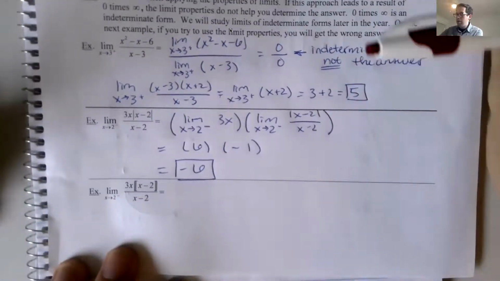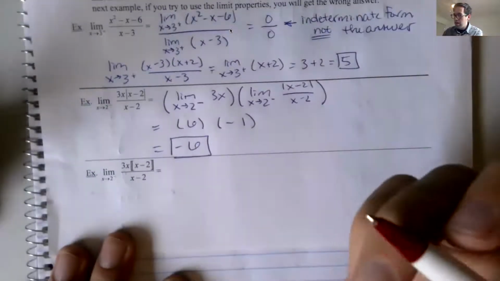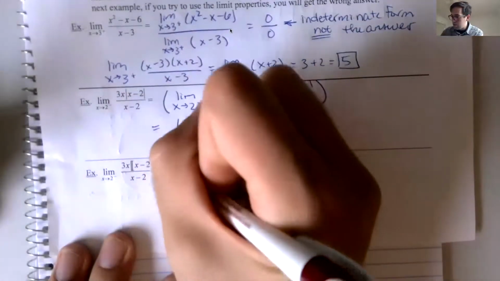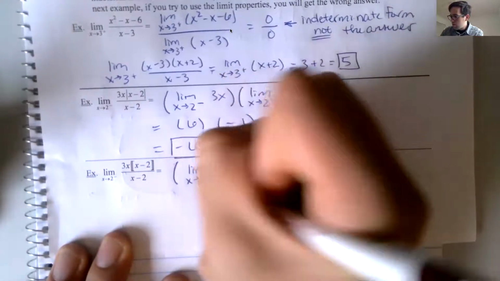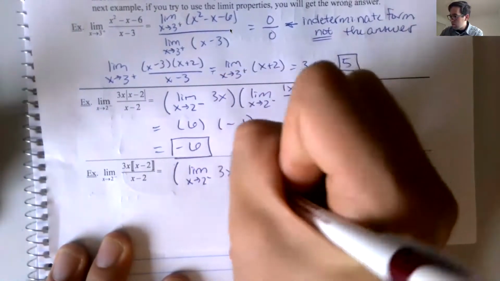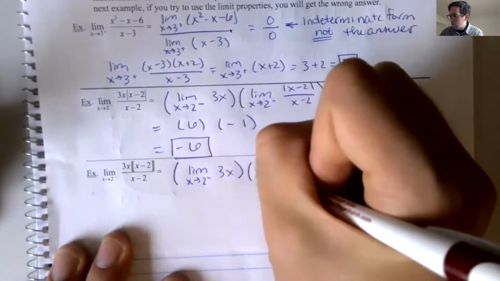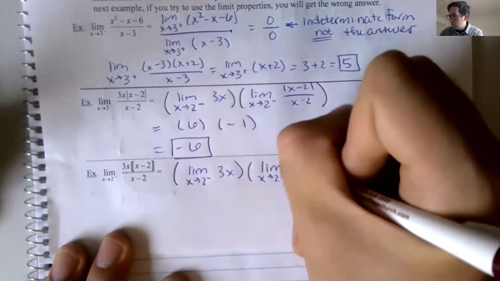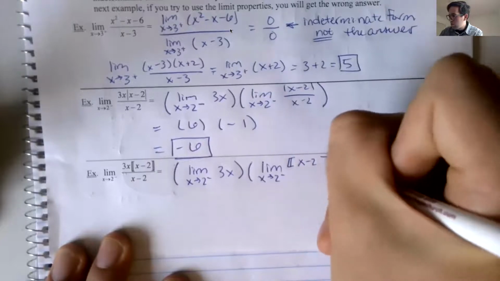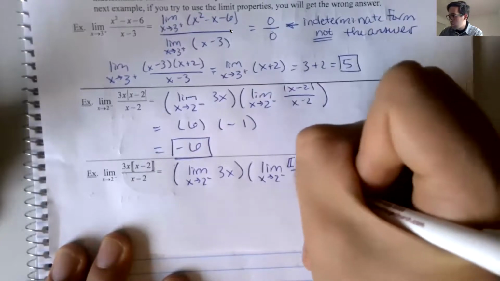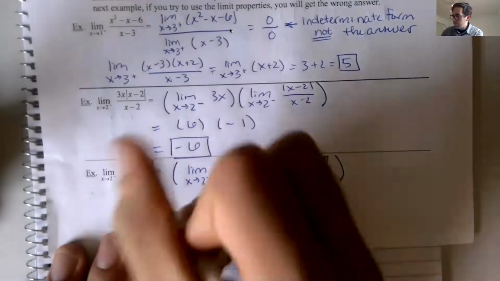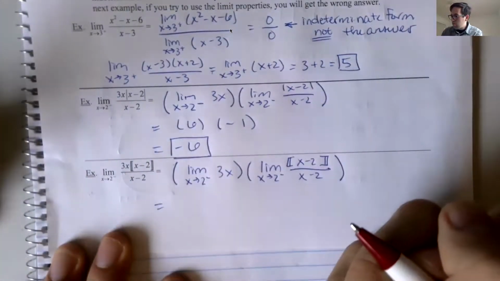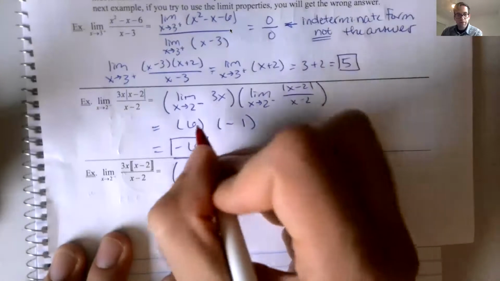And the last one, we have a step function. And we're going to do the same thing. So we're going to split it into 2. And for the first part, we have the same exact limit that we just had up here, so it's 6.